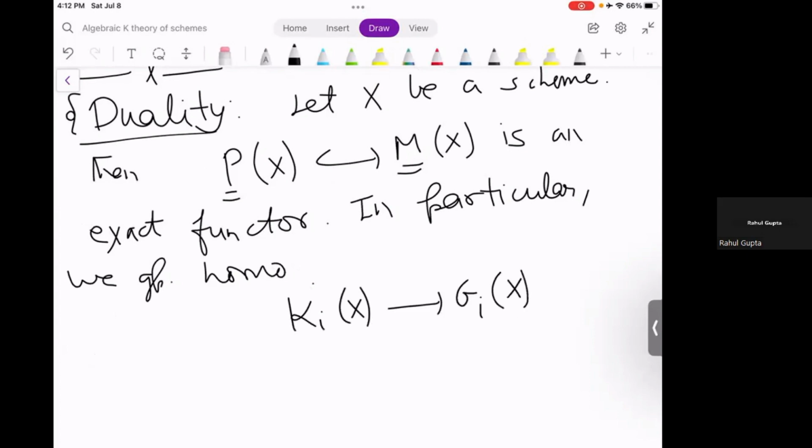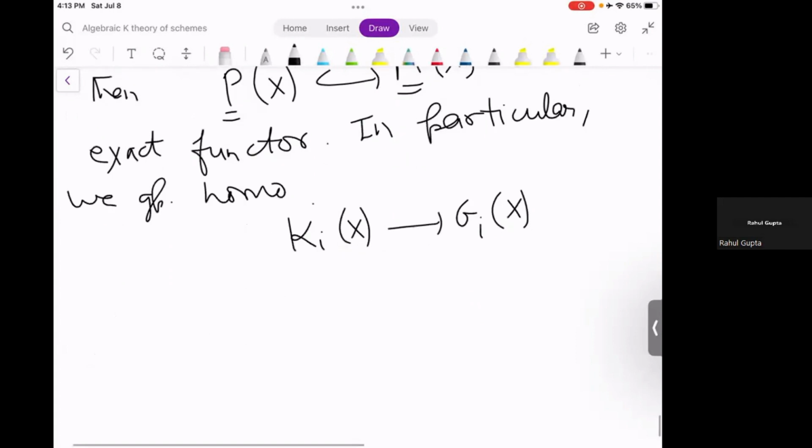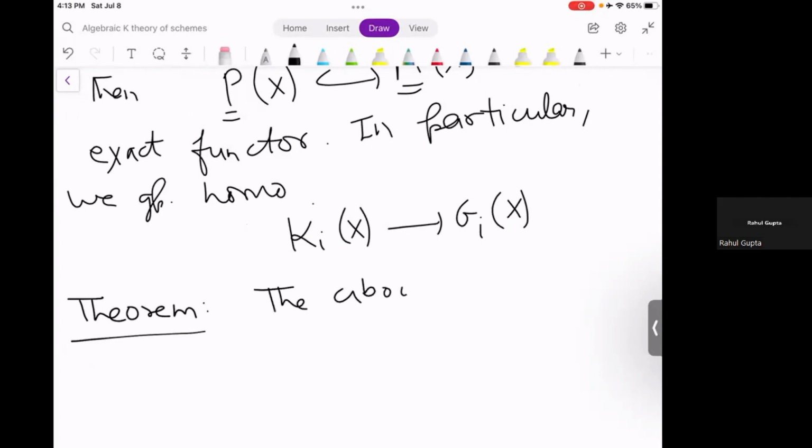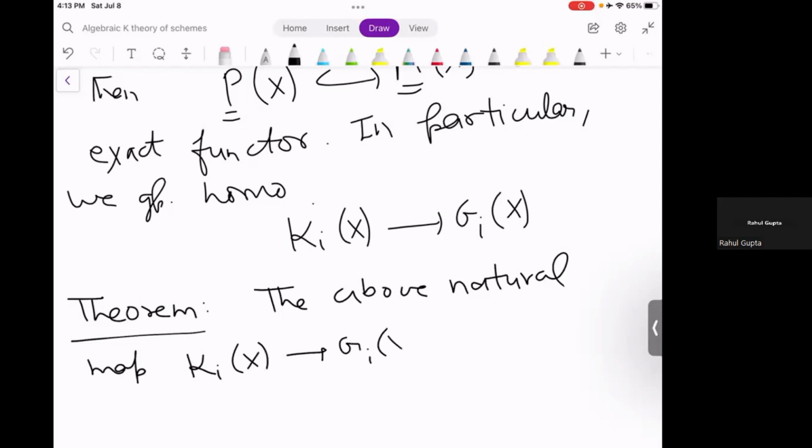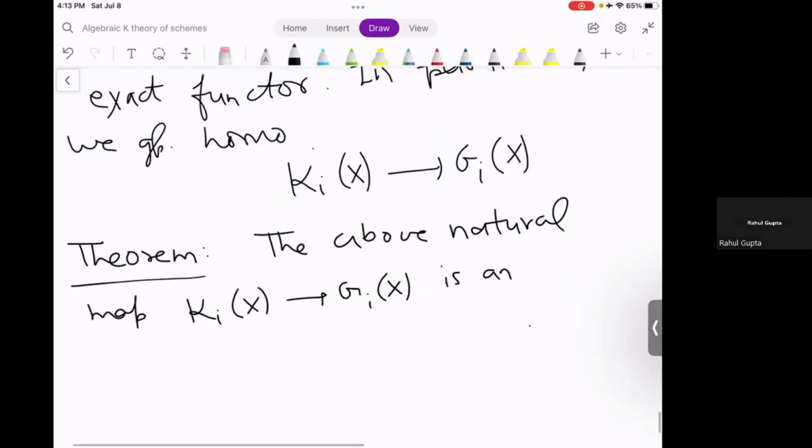I want to see when these things are the same or not. Here is a theorem, which again I'm not going to prove perfectly. The above natural map from K_i of X to G_i of X is an isomorphism. Any guesses what condition I should put on X?